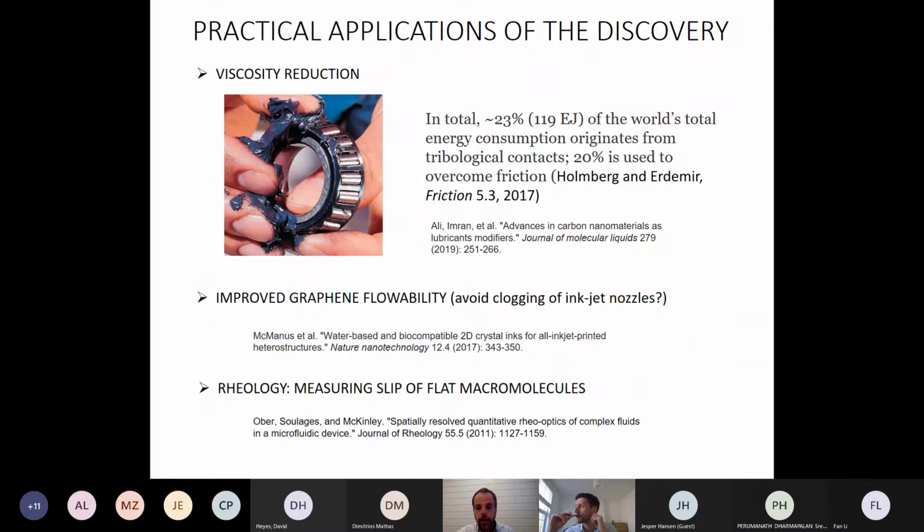The practical implications of this work, we believe, are mostly in the area of lubrication. Graphene is already being used in research related to additives for various organic and aqueous lubricants, where one wants to exploit the superior chemical and thermal stability of carbon nanomaterials to impart new properties to the suspending fluid.